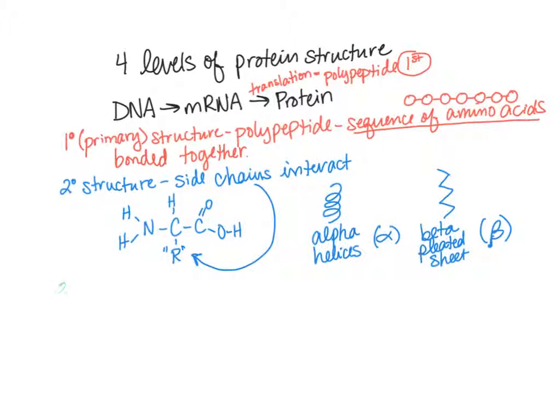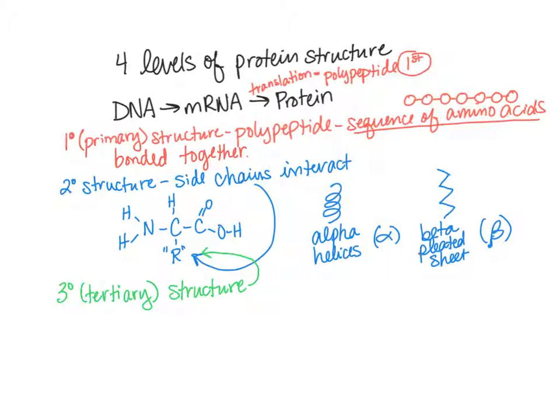All right, now the tertiary structure of a protein is where the side chains continue to interact with each other, and it makes the polypeptide continue to fold into a 3D shape.